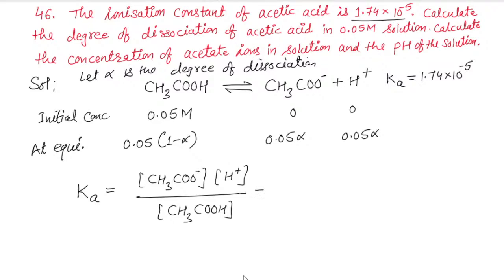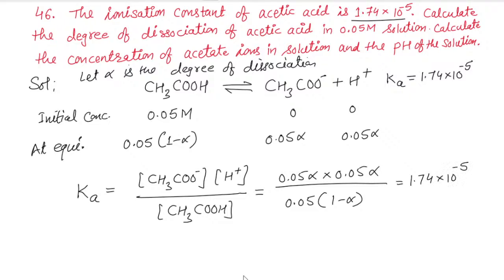So it is 0.05 alpha into 0.05 alpha divided by 0.05 into (1 minus alpha). And as Ka is very small, 1.74 × 10^-5, alpha can be neglected as compared to 1.